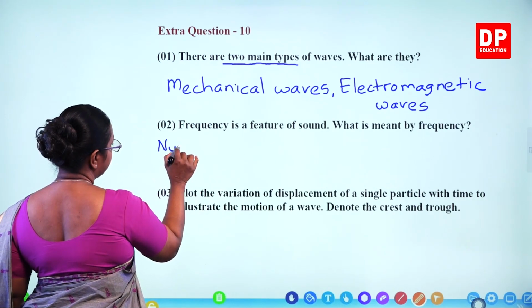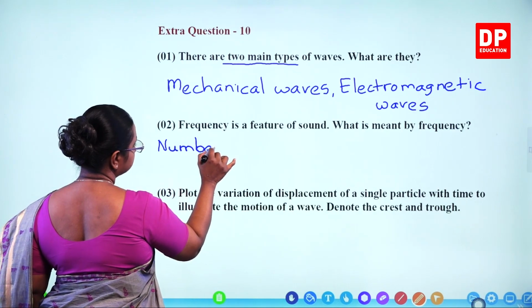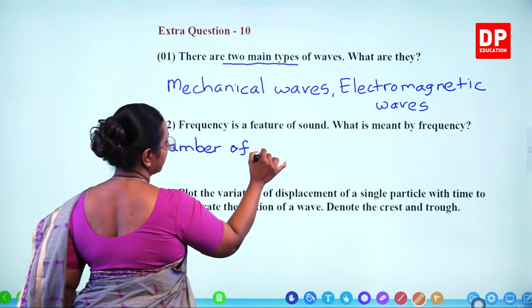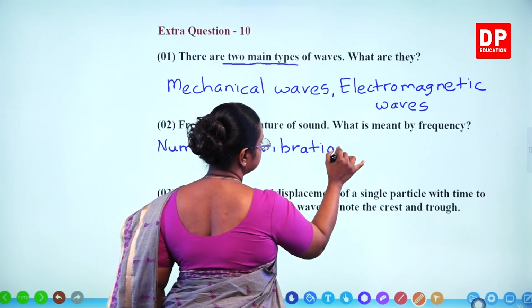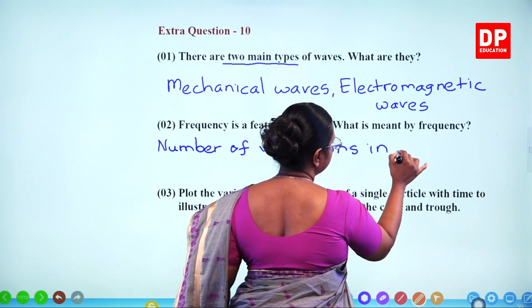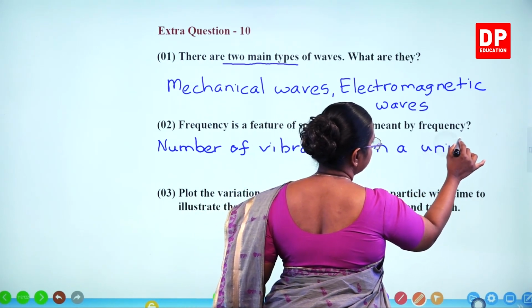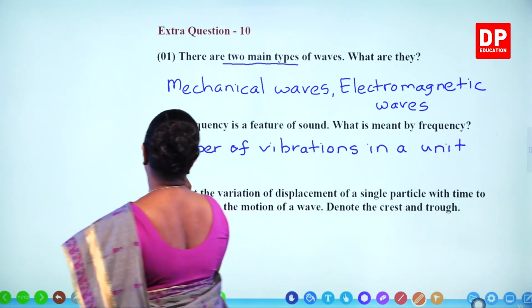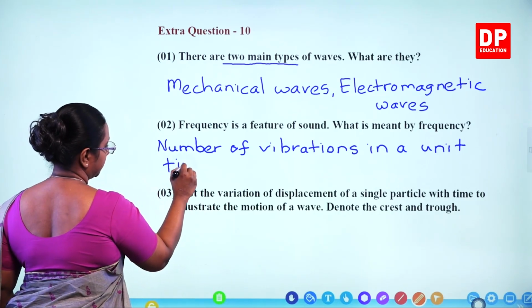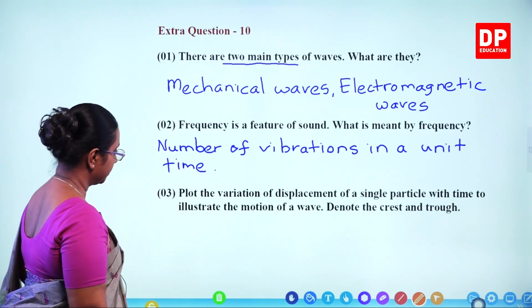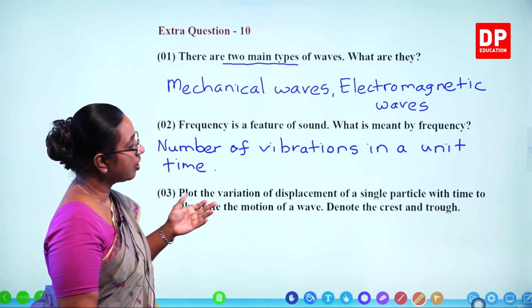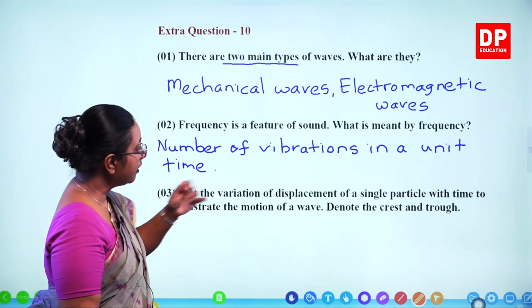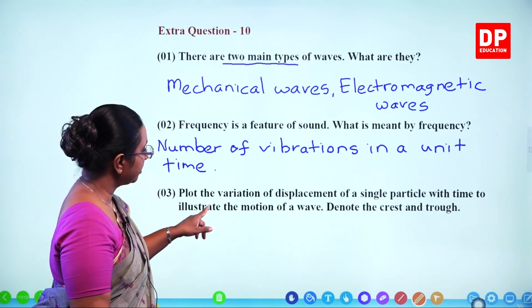Number of vibrations in a unit time. That is frequency.